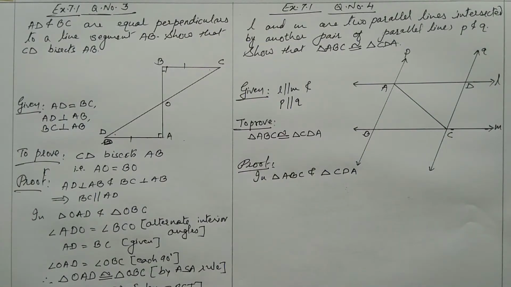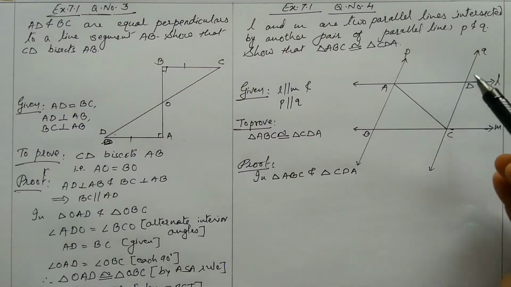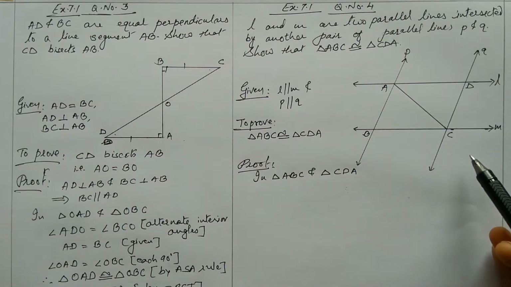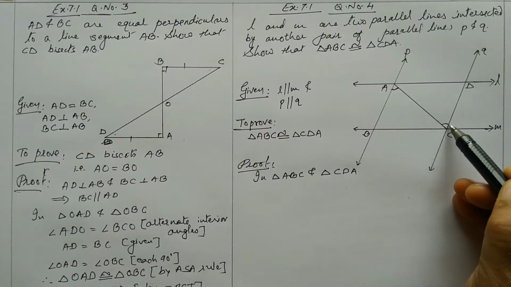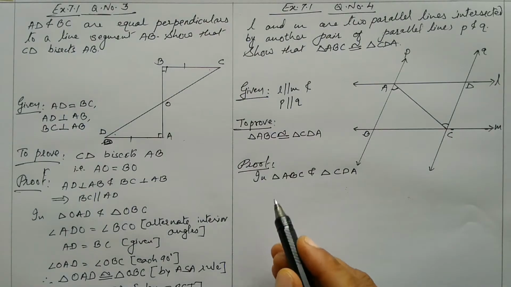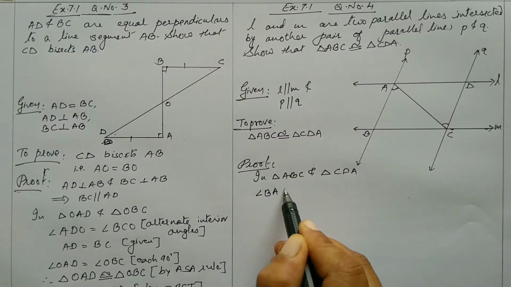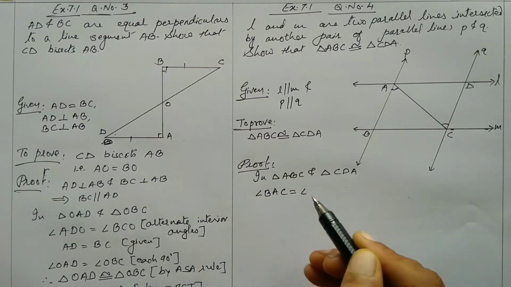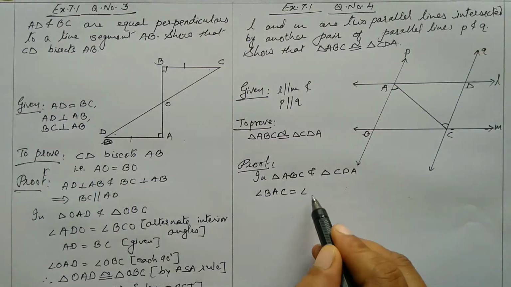Okay, so if we consider P and Q are parallel lines, and if we consider AC as a transversal, then this angle is congruent to this angle. So first we will take angle BAC. Angle BAC is equal to angle DCA.